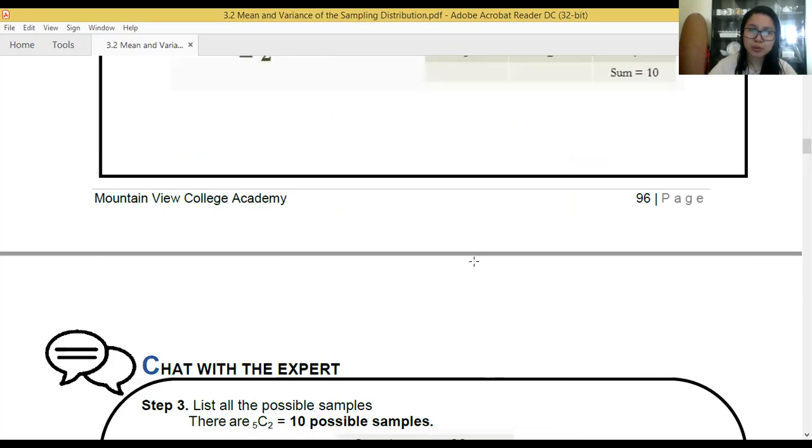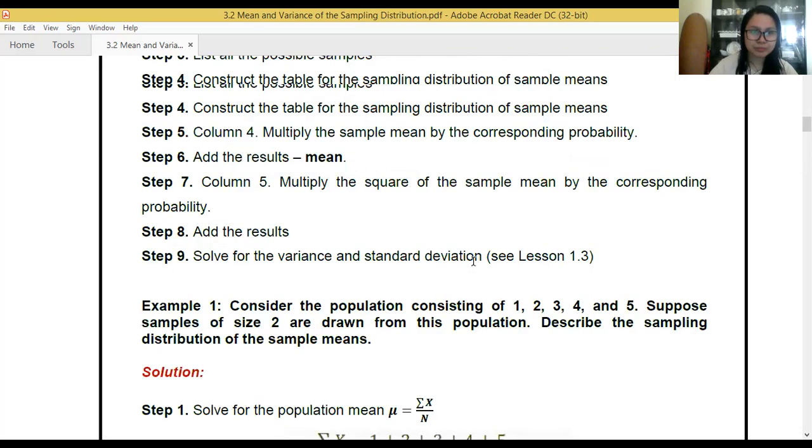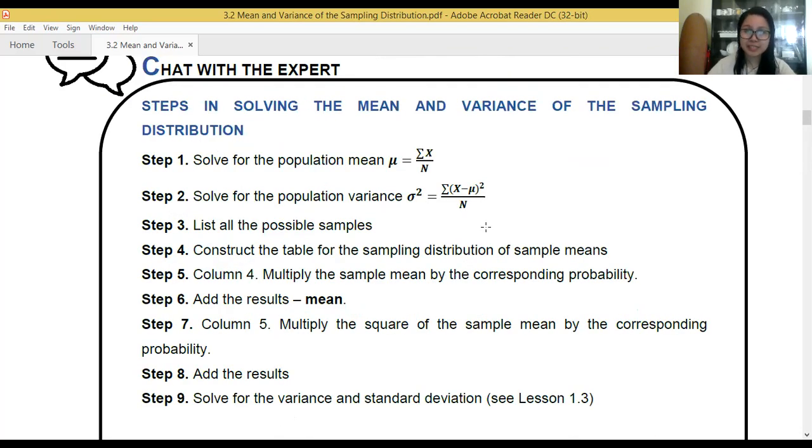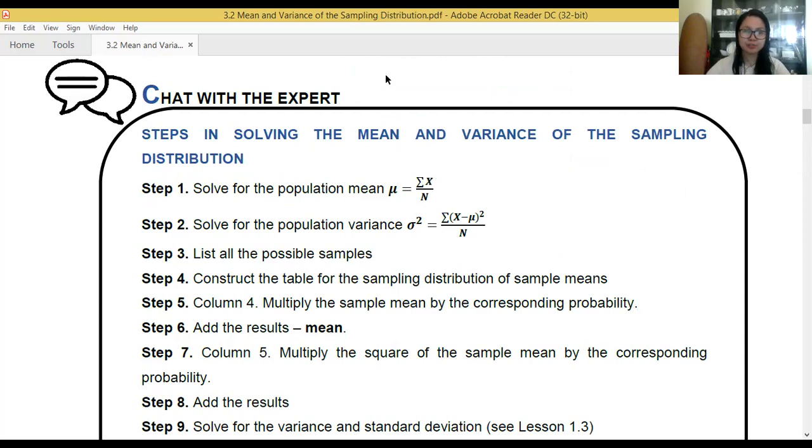Now, how to solve for the mean and the variance of the sampling distribution. Step 1, we need to solve for the population mean. How to solve for the population mean? We need to add all the X and divide by the N, by the number of entries.